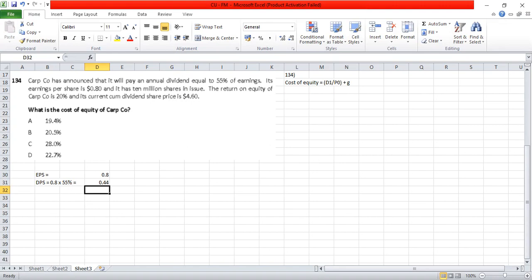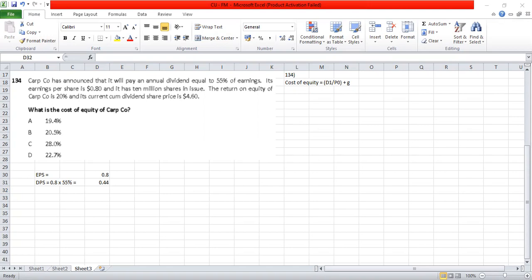We do not see anywhere what is G. G is not there anywhere. The company has announced it will pay 55%. Its earnings per share is 0.80. So when it has earned 0.80, as against that, we have calculated the dividend amount to be 0.44.